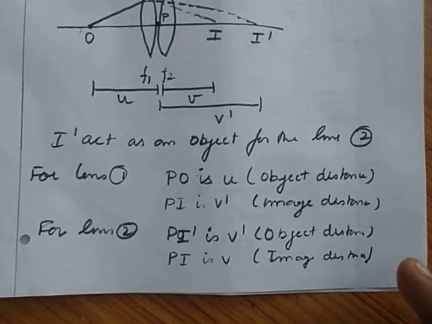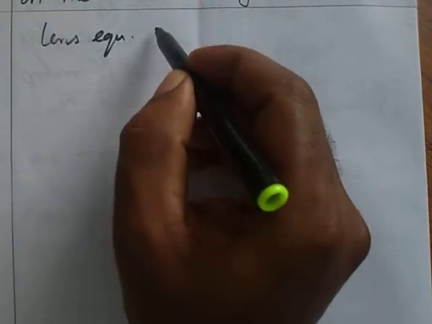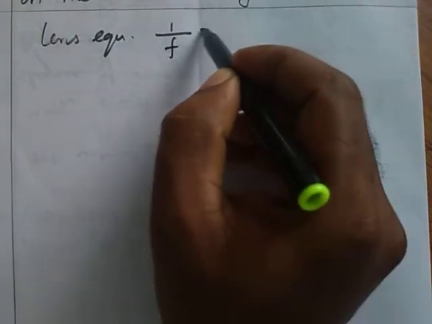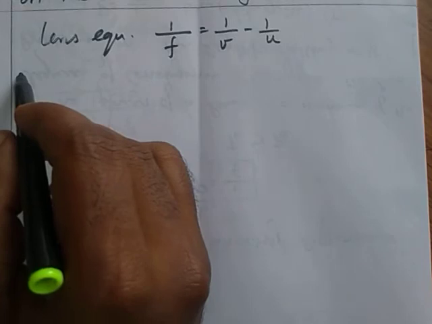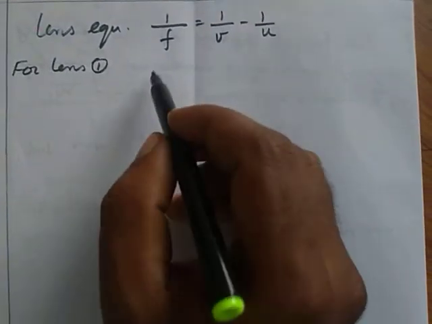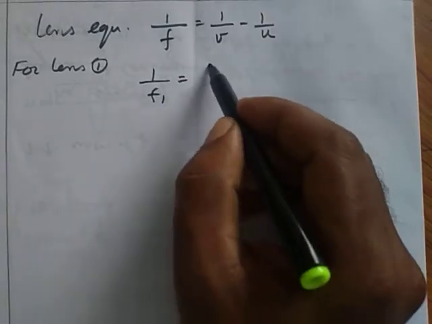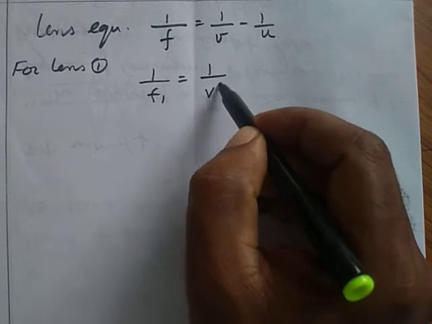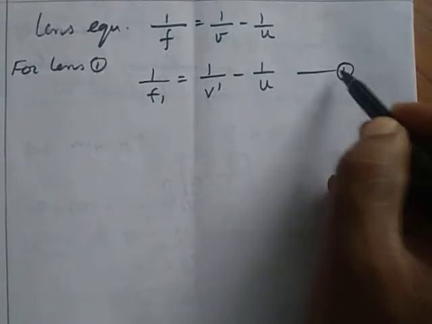Then I apply the lens equation, that is 1 by F is equal to 1 by V minus 1 by U. Applying it for lens 1, we can write 1 by F1 is equal to 1 by V dash minus 1 by U. This is equation 1.